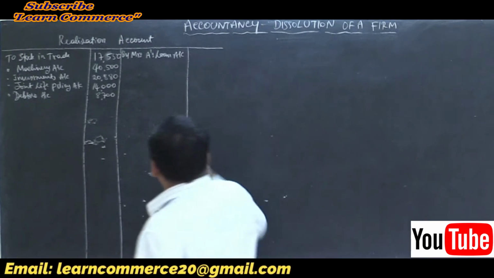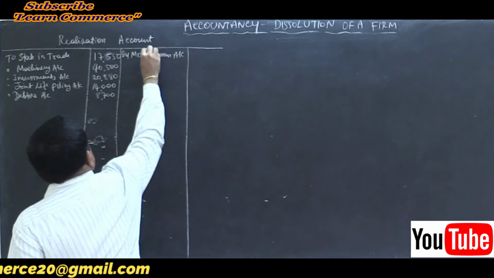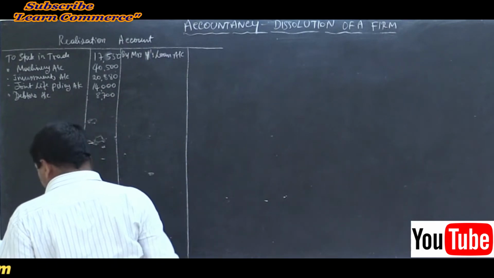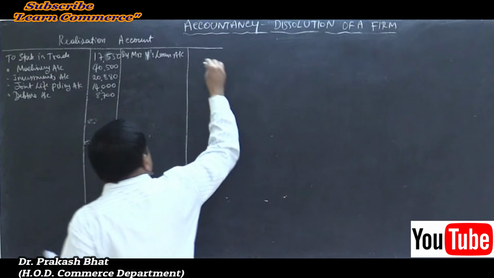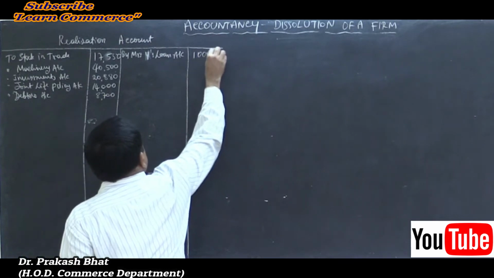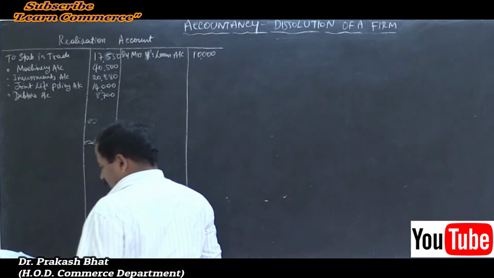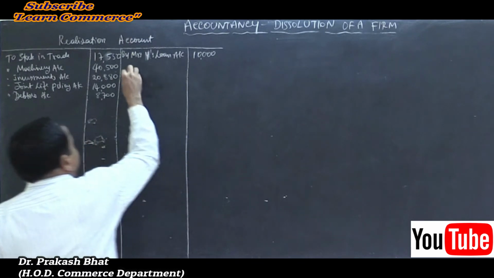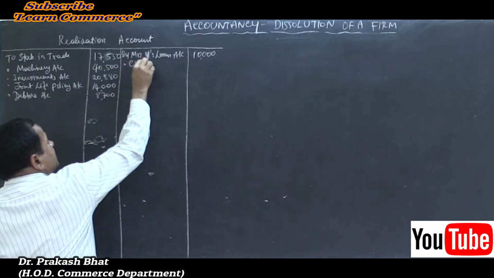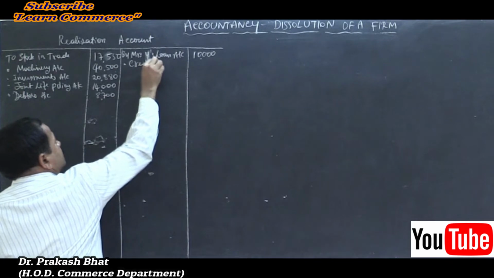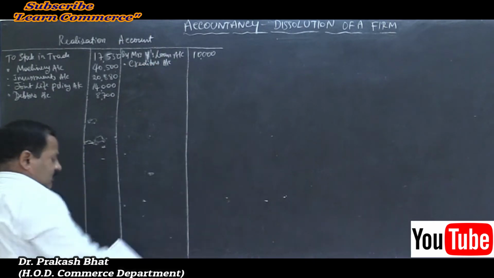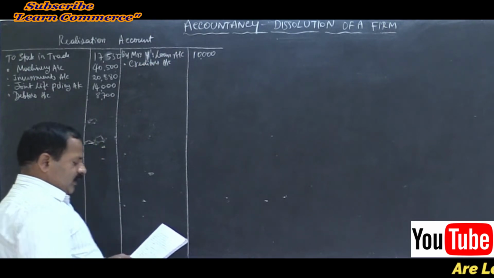Yes. Mrs. Y's loan account, how much is it? 10,000. Then by creditors account, 18,500.